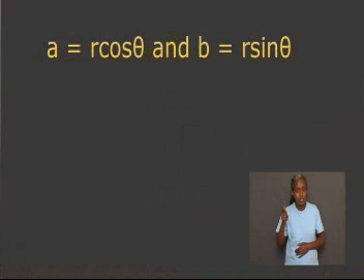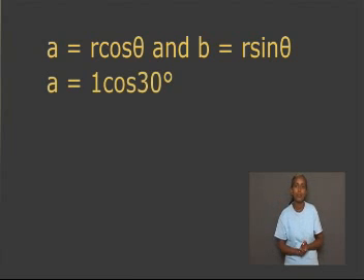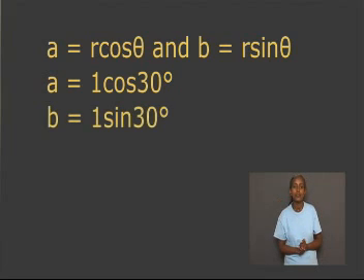The coordinates are equal to the radius times the cosine and sine of the angle, as we see here. A is equal to 1 times the cosine of 30. B is equal to 1 times the sine of 30.